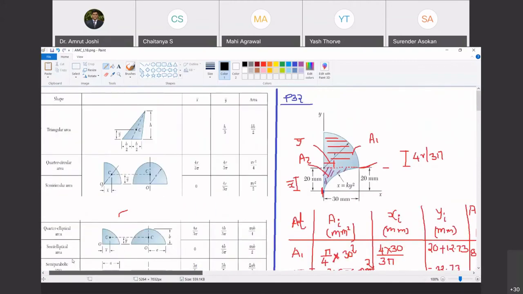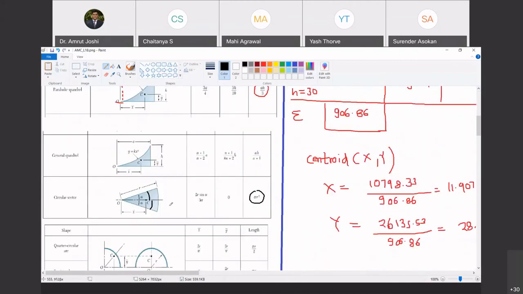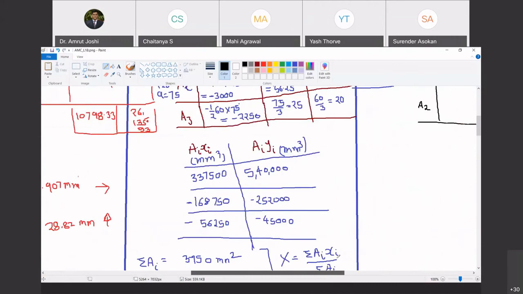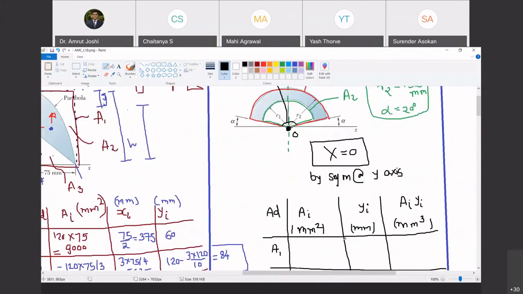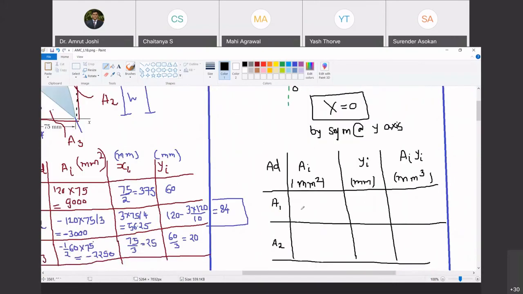Now, what is the formula for area of a sector? It is alpha into R square. So therefore, I will write down now this area A1. A1 is equal to alpha, that is 2.44, into R square.